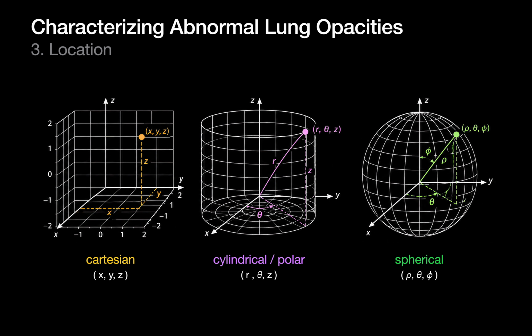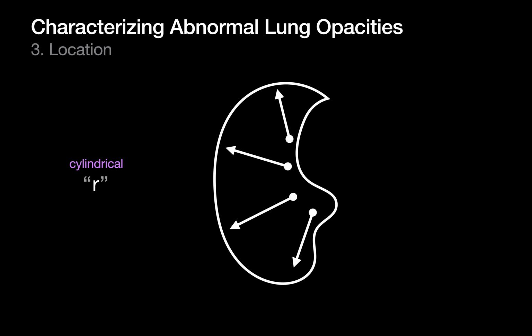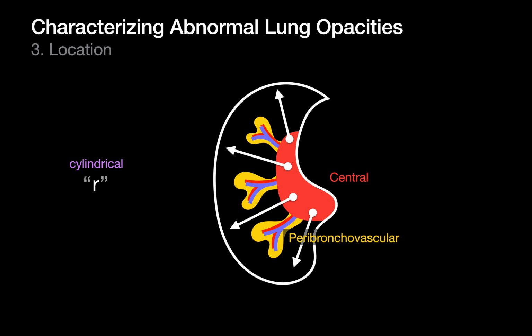For the lungs, I think one of these systems works particularly well. Cylindrical coordinates. Why? Well, because the lungs are much closer to cylinders than they are to cubes or spheres. Now, obviously, we're not going to dictate numerical values for r, theta, and z. We're going to use words. For r, how far out we are from the hilum, we might describe an opacity as central, peribronchovascular, or peripheral.